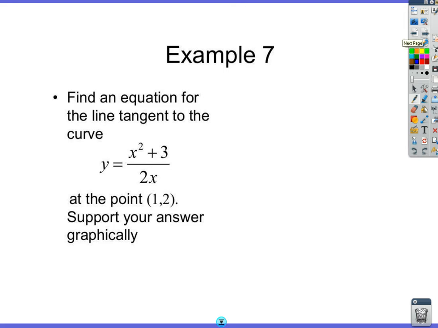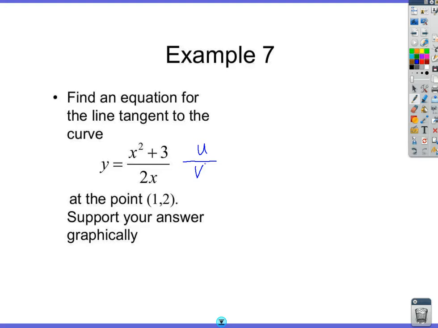So why do I know this rule? It says, find an equation of a line tangent to that curve. Support your answer graphically. So here's what we're going to do. When I take a look at this one, I'm almost thinking, well, wait, I have a function u over a function v, two separate functions dividing by each other. Oh gosh, I have that complicated quotient rule.